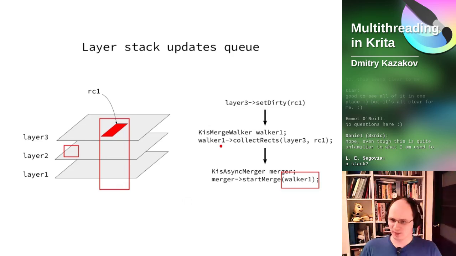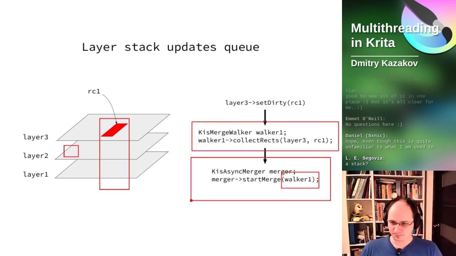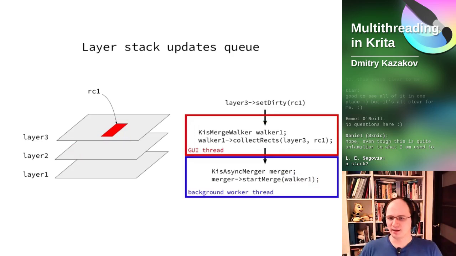Why is it so complicated, and why do we have two separate classes here? Why cannot we do that in one go? The reason is that these two actions are executed in different contexts.